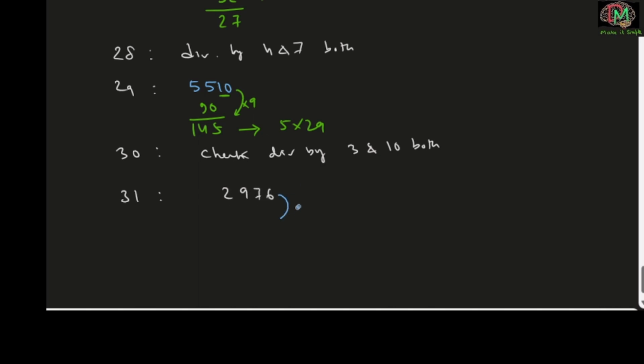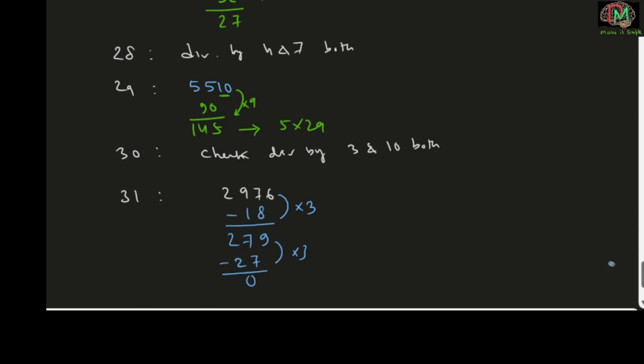Multiply the last digit by 3, which gives 18, and deduct it. Then again multiply by 3, it will be 27, and it will be 0. So it is divisible by 31. So we can say that the given number 2976 is divisible by 31.